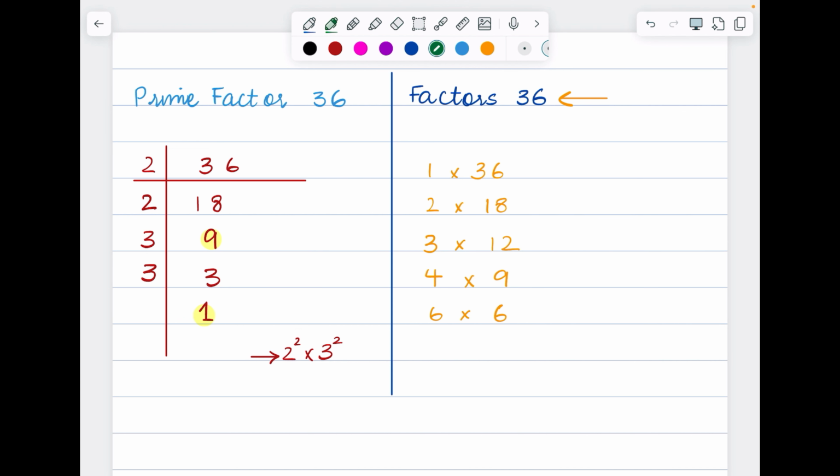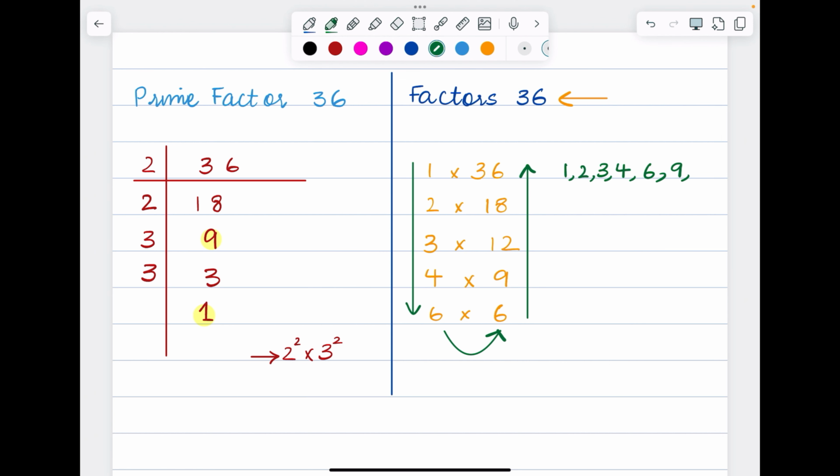When you notice that the numbers are now going in a direction where the first number starts to increase and the other decrease, and they meet, in this case at the same number, these are going to be the factors. So 1, 2, 3, 4, 6, 9, 12, 18 and 36 are all the factors of 36.